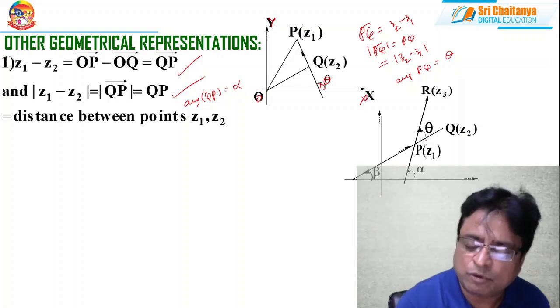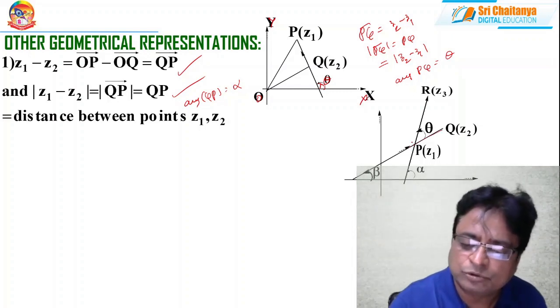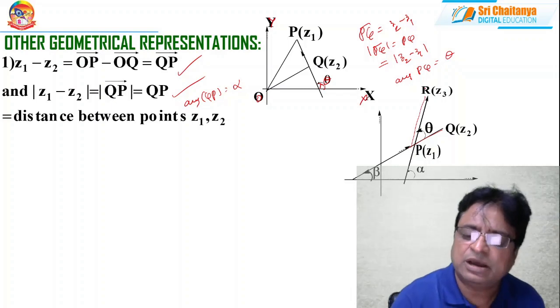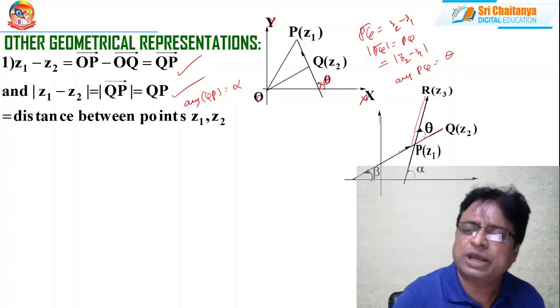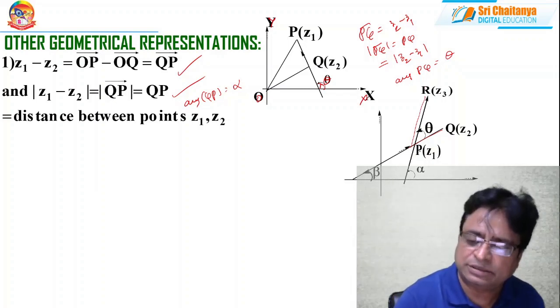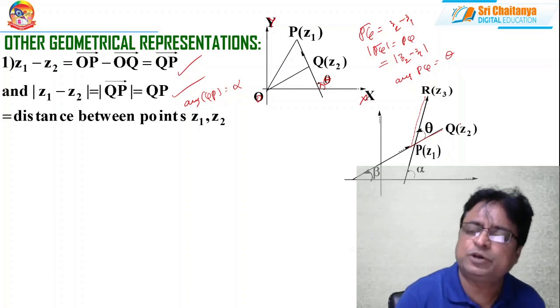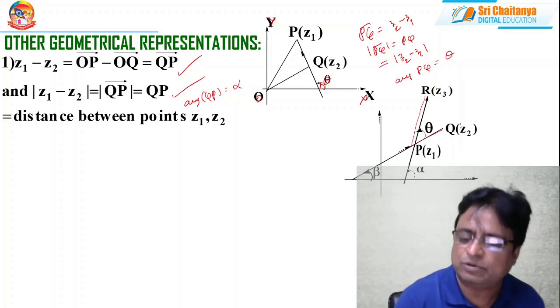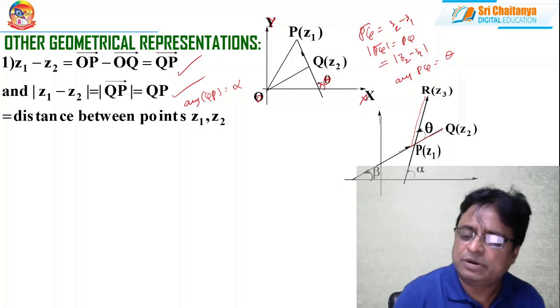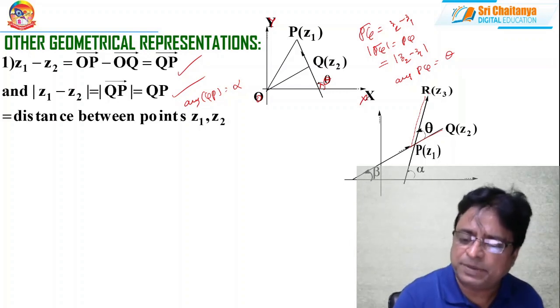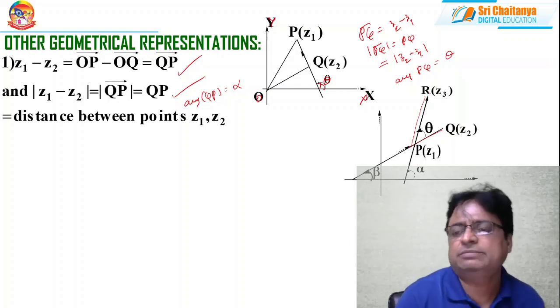If I have rotated PQ through an angle theta to PR, how can I represent PR bar with respect to PQ bar? PR bar is equal to mod PR bar by mod PQ bar into PQ bar into e power i theta.